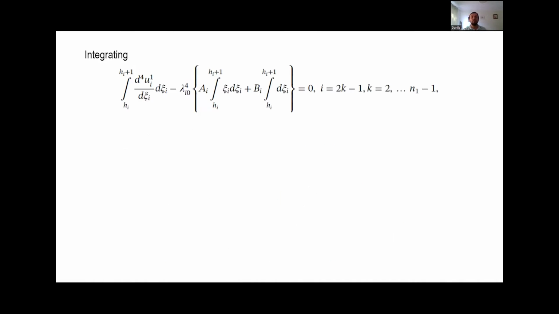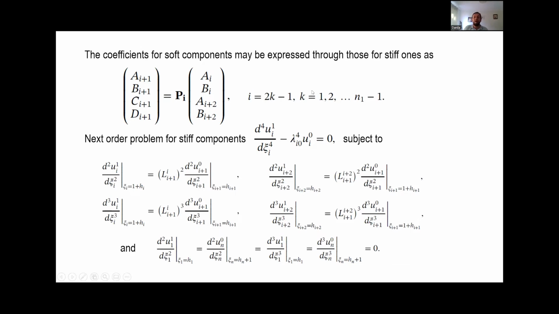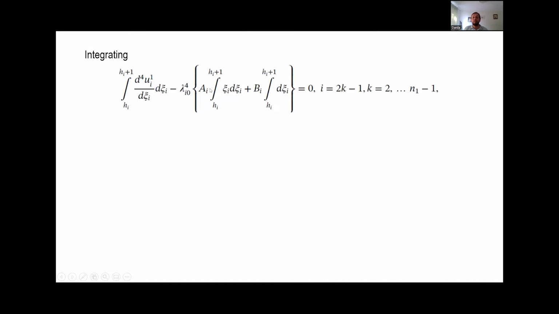For example, if we take the first equation and start integrating, this is the equation of the fourth order, so lambda to the power 4 times u_i^0. For the stiff component, remember this u_i^0 was just the first order polynomial, a_i x_i plus b_i. So, not surprisingly, this is what we get here.